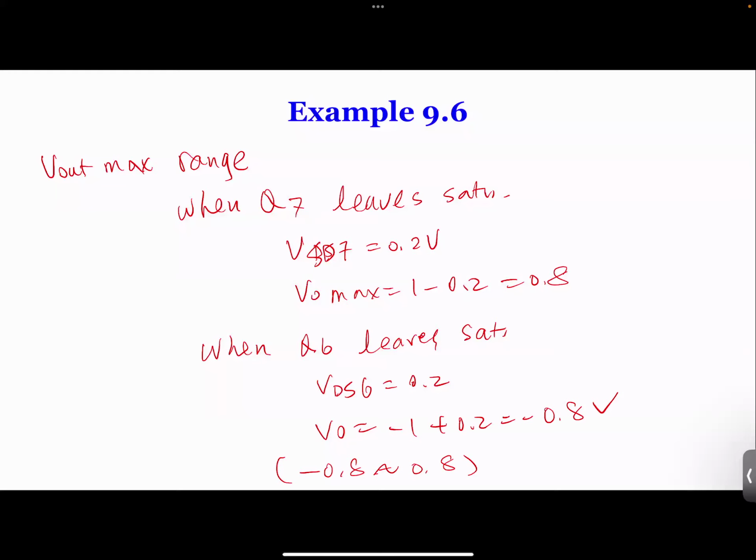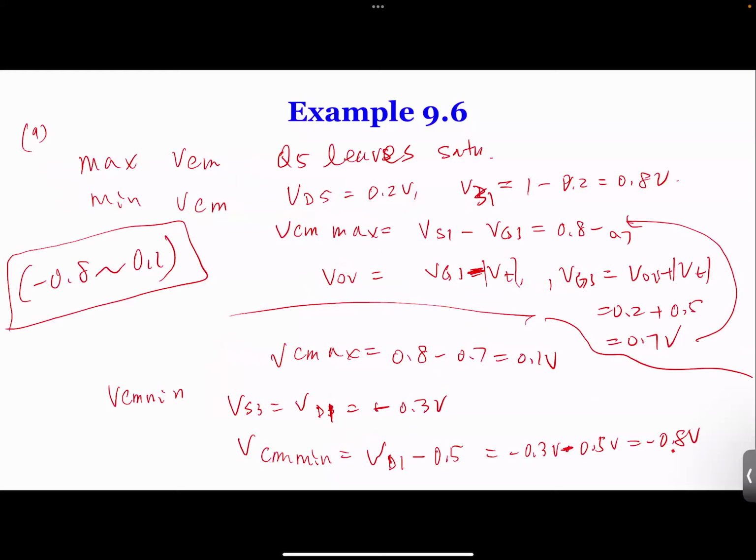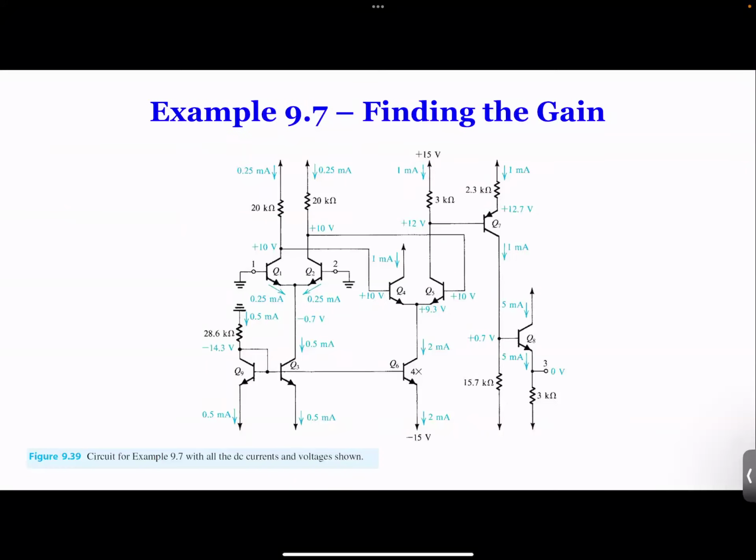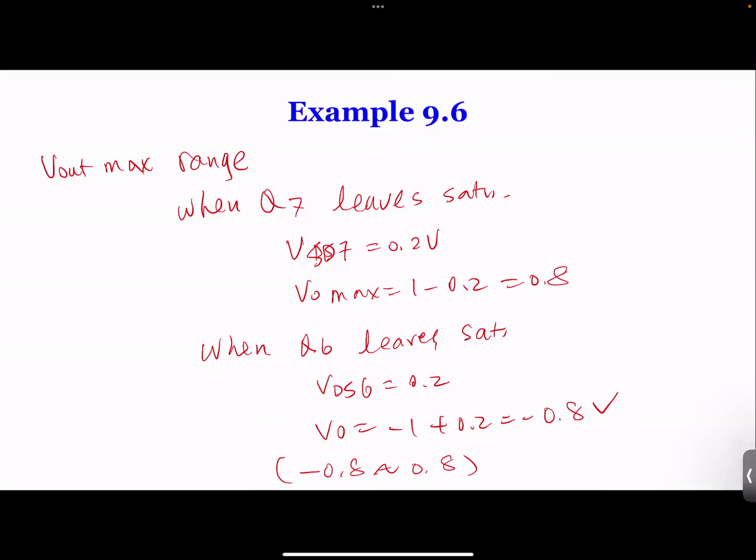Remember in the previous page, we got the input common mode range between minus 0.8 and 0.1. The output range is minus 0.8 to 0.8. But if your input is too big, like in the previous example, if it's 1 millivolt, your output is already 0.6 volts.